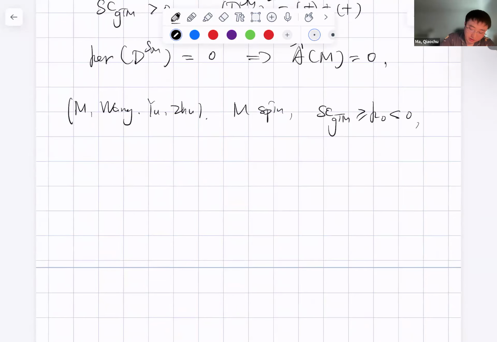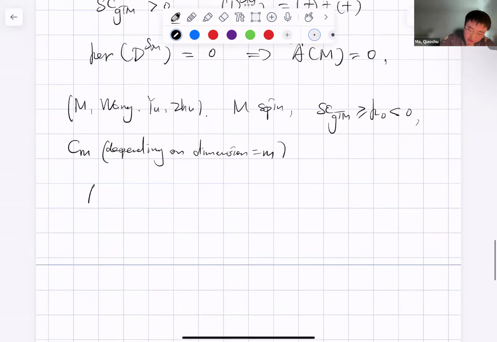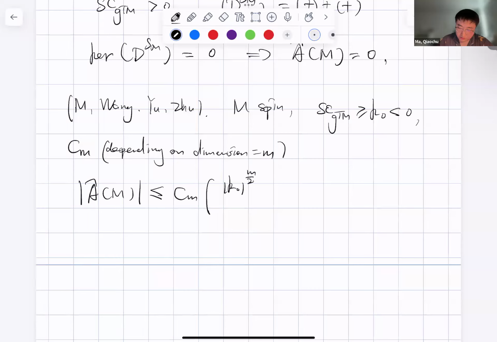Then there is a universal constant, depending only on the dimension of M, such that the absolute value of the A-hat genus can be controlled by the lower bound of the scalar curvature to a power, times the volume of the manifold, over this isoperimetric constant of the manifold.